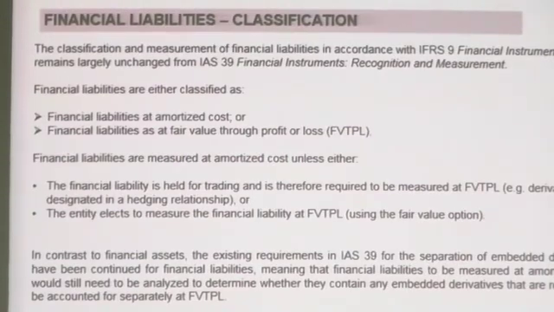The classification and measurement of financial liabilities in accordance with IFRS 9 remain largely unchanged from IAS 39, because financial liabilities are measured at amortized cost or fair value through P&L only. Is that clear? You only measure financial liabilities at amortized cost or fair value through P&L. Then no fair value through OCI option.